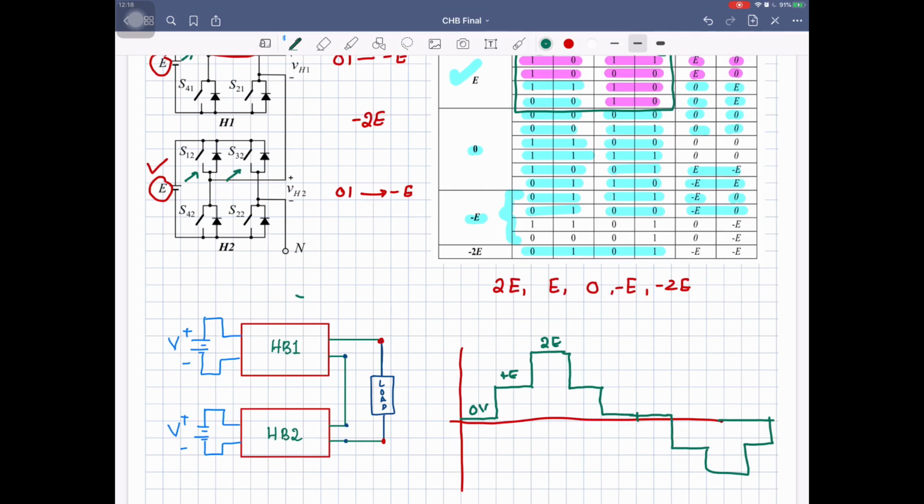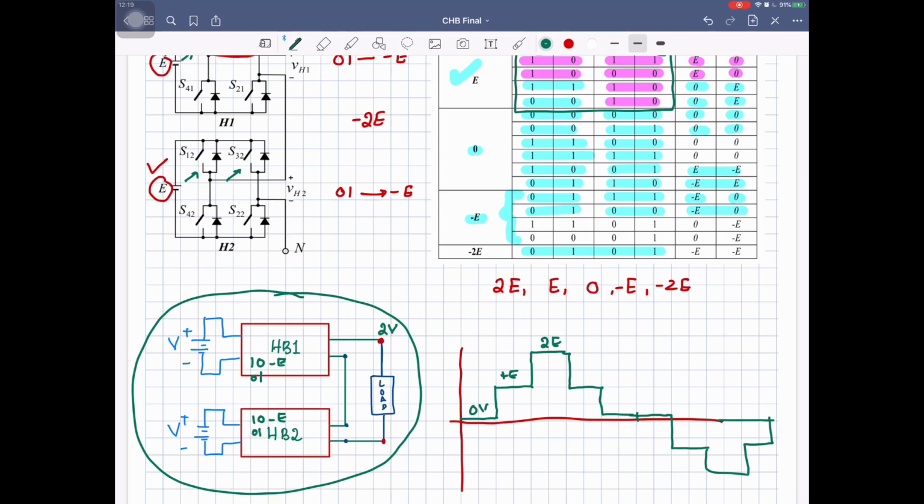So I am going to represent them with the help of this circuit from now onwards. That first H bridge circuit, second H bridge circuit, you will have to apply the switching codes to get a certain required voltage level at the output. So if you apply 1 0 and 1 0, you will get E from here, or in this case it is V, so the output voltage will be 2V. And if you apply 0 1 and 0 1, you will get minus 2V.